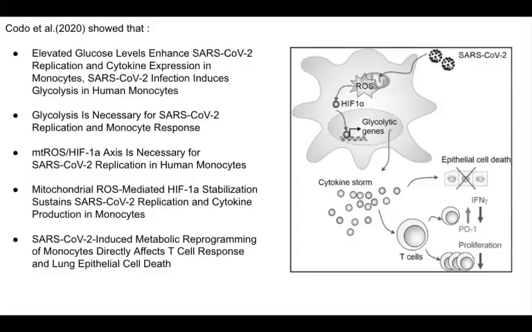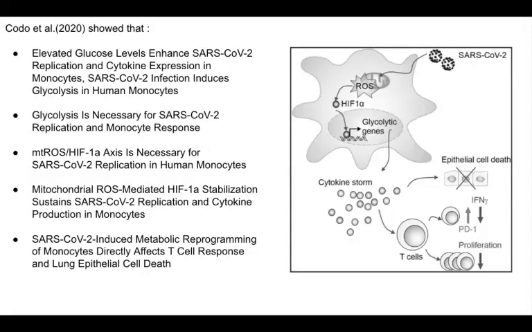Adding to this, Kodo et al. in 2020 showed that elevated glucose levels enhance SARS-CoV-2 replication and cytokine expression in monocytes. SARS-CoV-2 infection induces glycolysis in human monocytes. Glycolysis is necessary for SARS-CoV-2 replication and monocyte response as well.